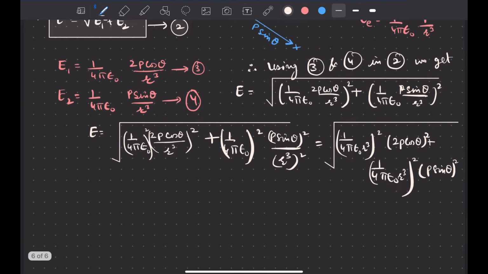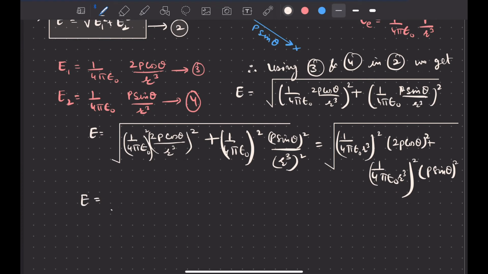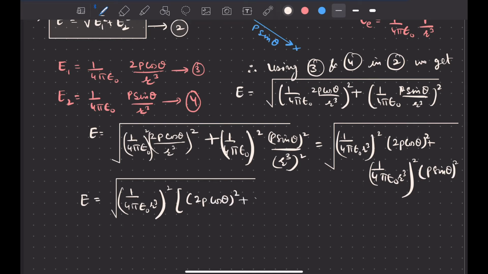So further solving it, we will be having E is equal to under root, taking 1 upon 4 pi epsilon naught r cube whole square common, we will be left with 2p cos theta whole square plus p sin theta whole square.